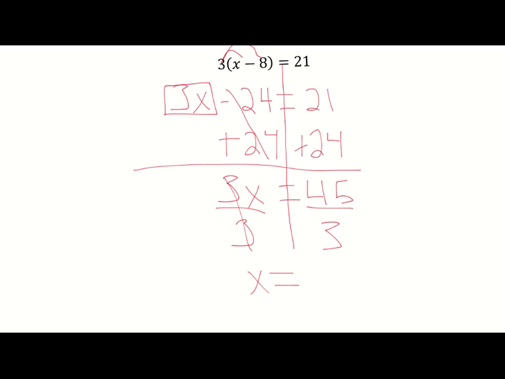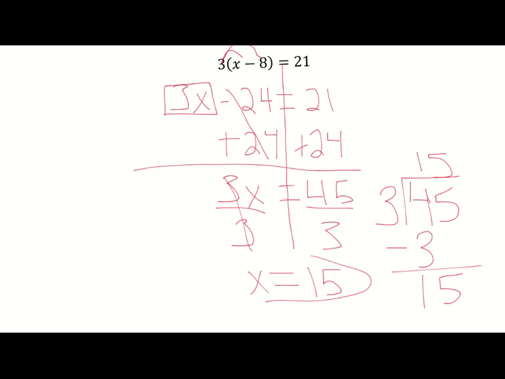If you don't know that off the top of your head, just do your long division off to the side. 3 goes into 4 once, and 3 goes into 15 5 times. So our answer is x equals 15.